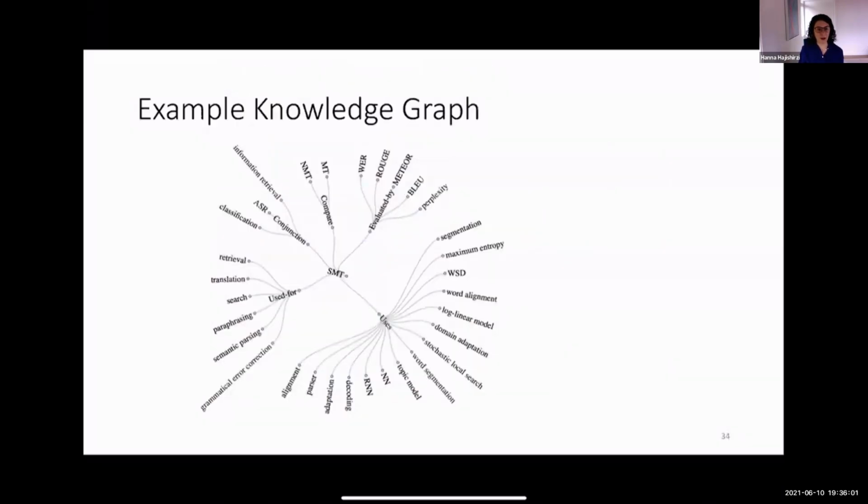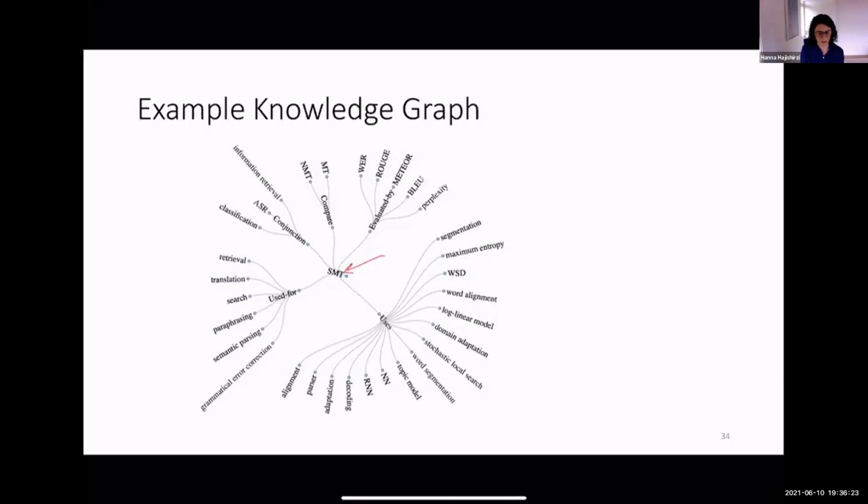This is a sample knowledge graph we've extracted in the computer science domain. We weren't sure how to visualize it, so I'm showing you a snapshot of the system. This whole thing is around statistical machine translation, and these are different relationships related to it.